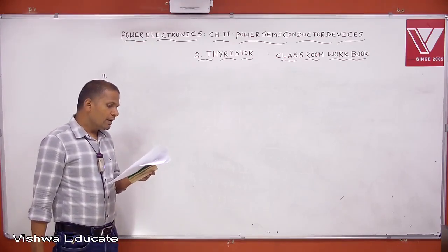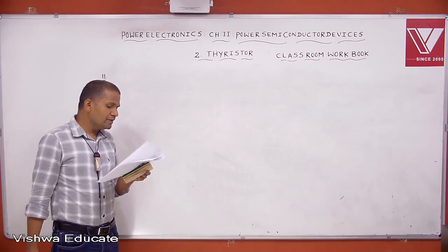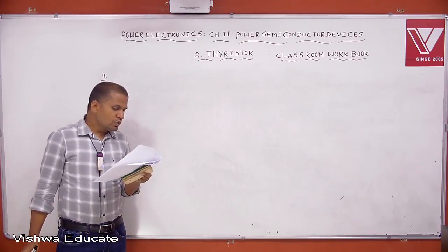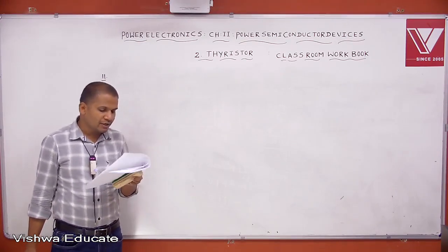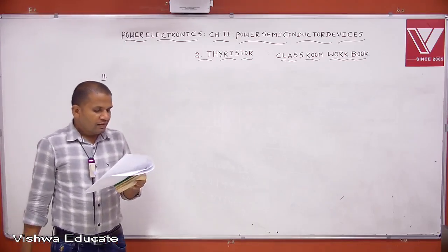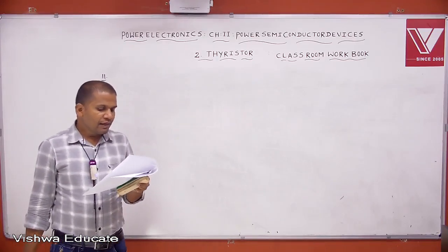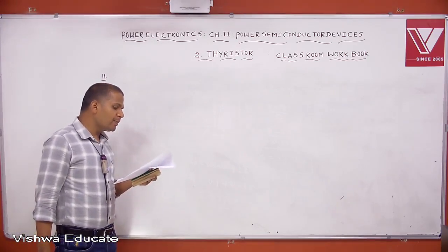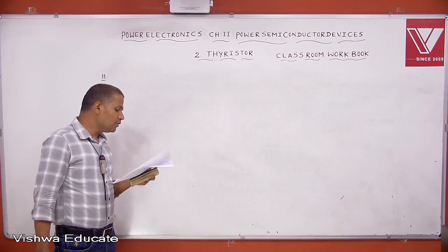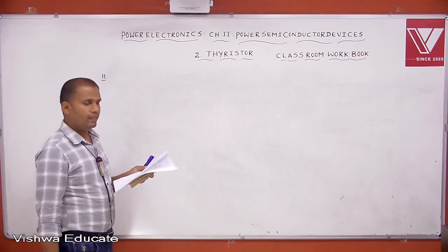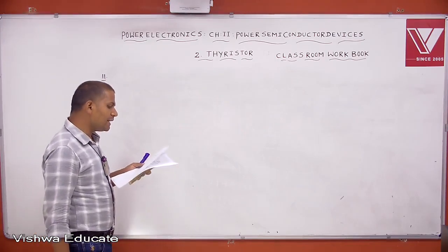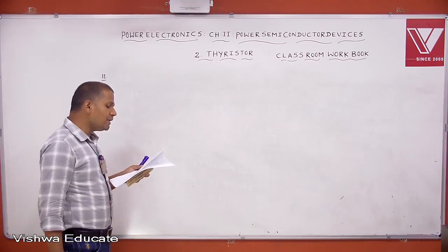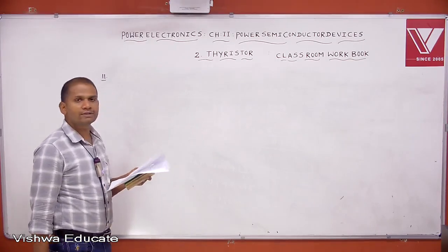Compute: A, the source resistance required in the gate circuit. B, the trigger voltage and trigger current for an average gate power dissipation of 0.4 watts.